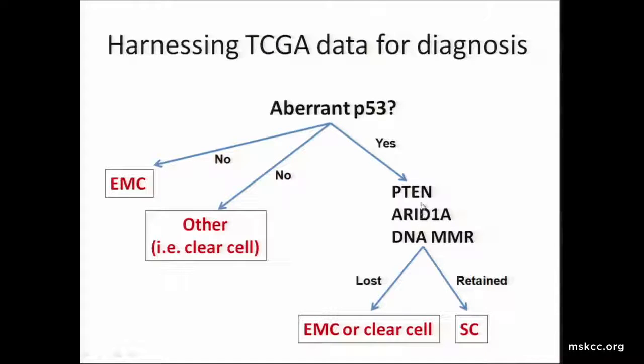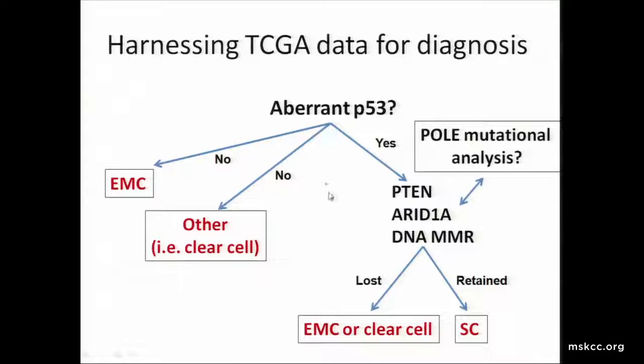If there's loss of any one of these, we assign the tumor to the endometrioid or clear cell category, and when stains for these markers are normal, then we diagnose serous carcinoma. But this is exactly the point in the algorithm where a POLE mutational analysis would be most helpful, because this would conclusively distinguish between these two without having to rely on these frequently unpredictable immunohistochemical markers that are in use in only a very small handful of academic institutions across the US.